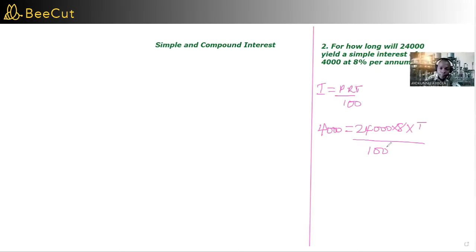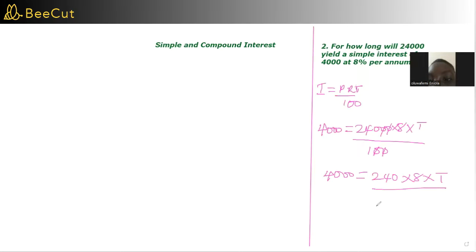Then you divide it out. Divide what with what? 100. 2 zeros removed. Then what next? You have 240 times 8. 4,000 equal to 240 times 8 times T. So then you can divide both sides by 240 times 8.